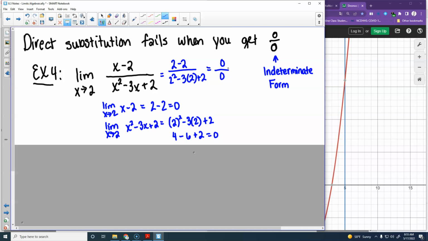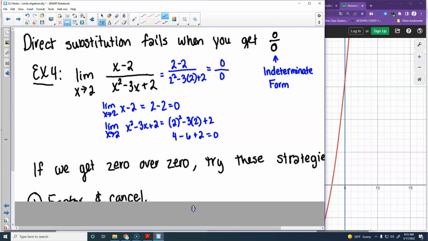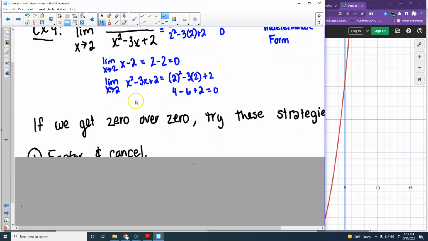So usually when we're looking at these graphs, we're looking at the interesting points, the places where you have something happening, maybe a vertical asymptote, maybe a hole in the graph. So we're not usually looking at points where it's just direct substitution. So we're going to have several strategies that we're going to use to figure out these limits. So the first one we're going to look at, and we're going to do the same problem.